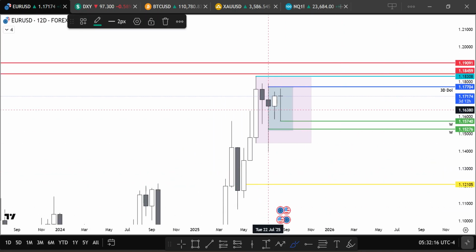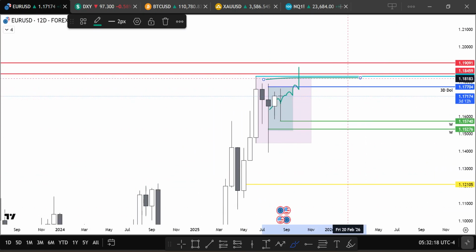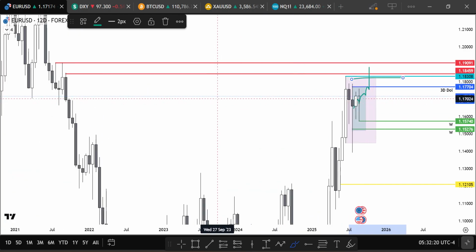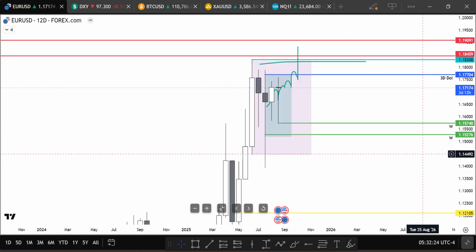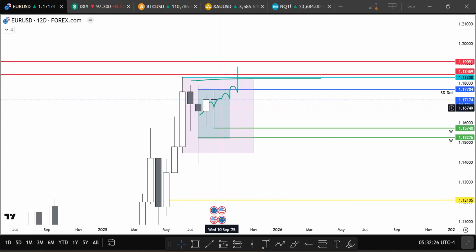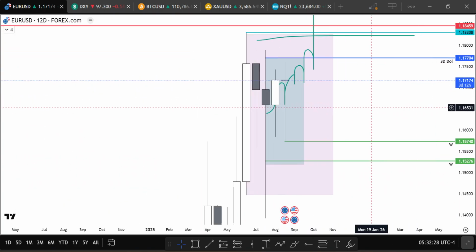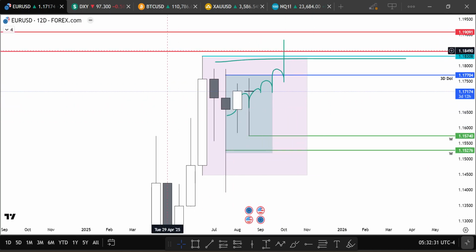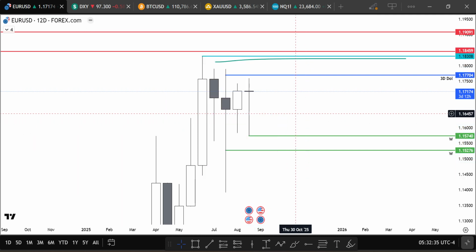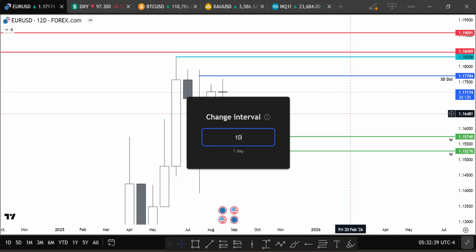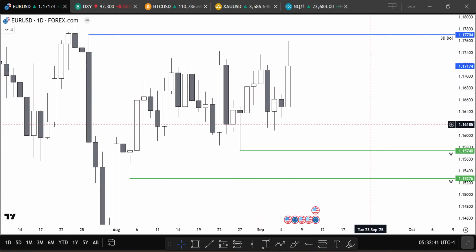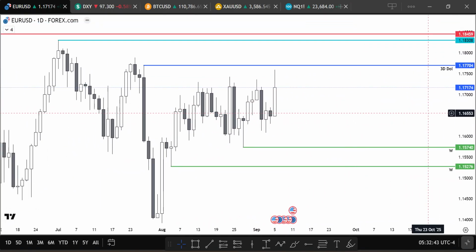So what I am expecting for the week is that price will hit this drawdown liquidity or this one. Because you can see on the 12 day we have the range activated for the bullish side. You can see there's no candle which is closing below the previous candle low. So yeah, I am expecting a bullish move this week.